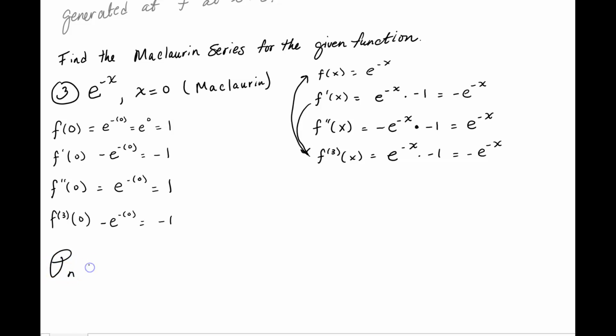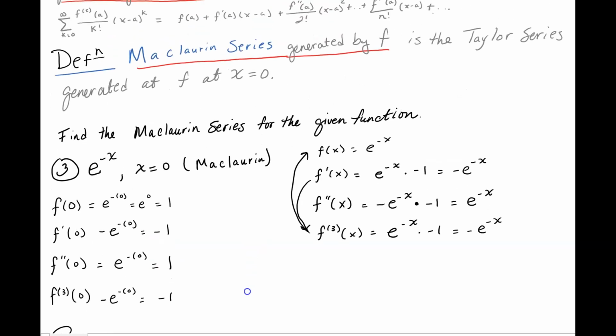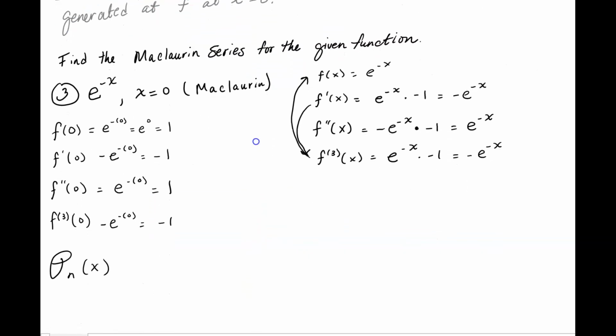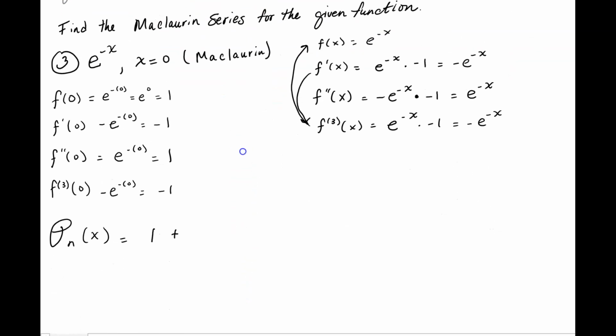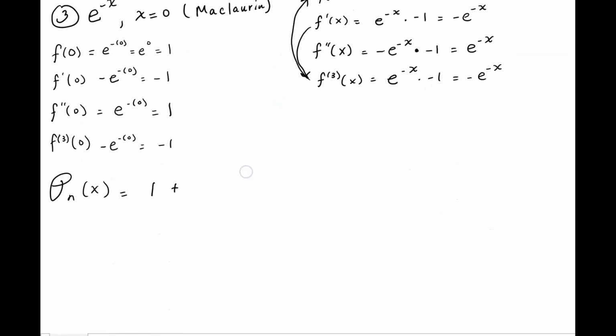Let's go ahead and see what this polynomial function would look like. First off, we start, as the formula says, with f of a, in this case f of 0, which is just 1, plus f prime of a times x minus a, but in this case it's just x.